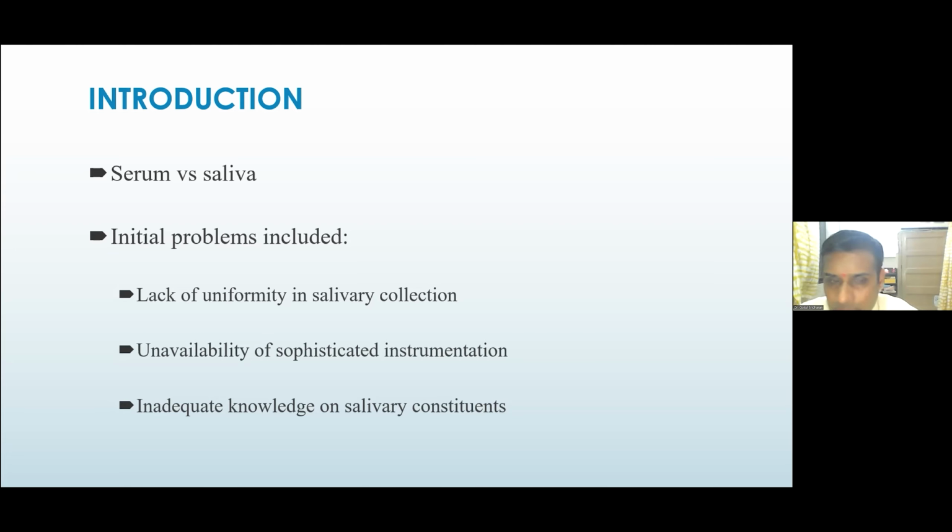in using saliva. Some of them included the lack of uniformity in collection of saliva. So whether the saliva should be collected in the morning, whether it should be collected in the evening, whether it should be pre-prandial, those were not clearly described. There was no proper criteria on when to collect saliva. And most of the components found in saliva are usually found in minimal concentrations as compared to blood.